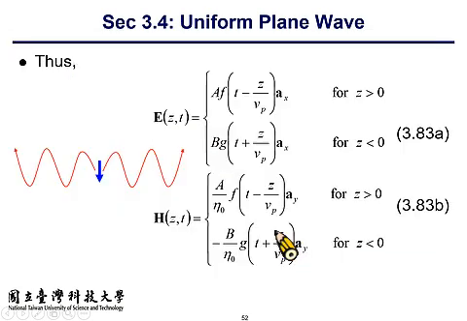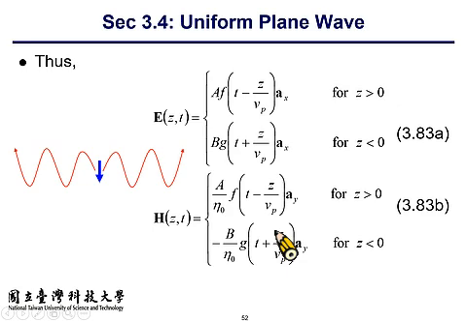So based on this assumption, we can say that the solution originally is AF plus BG, but because we only have the current source and there is no boundary on its side, there is only one component on one side. So for the region of z greater than 0, you only have the positive z going components, and for the region z smaller than 0, you have only the negative going component.